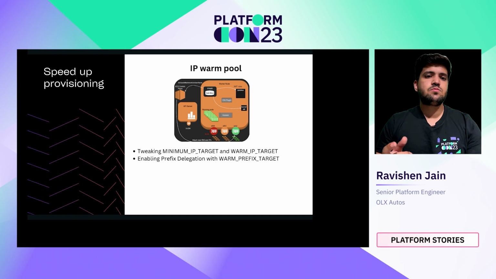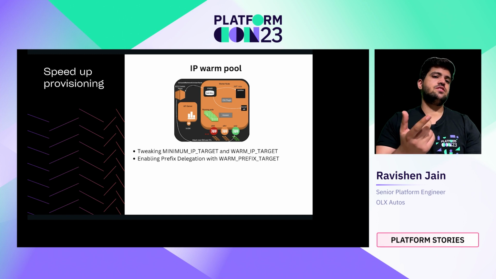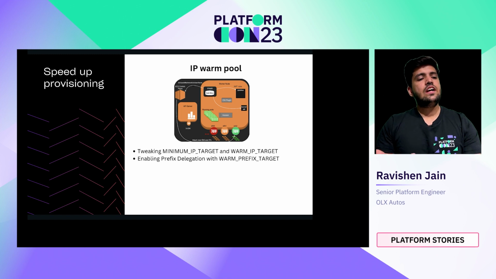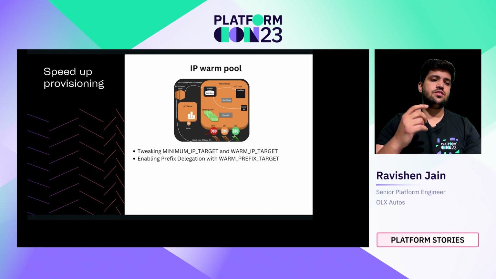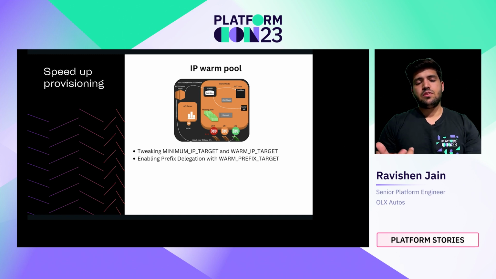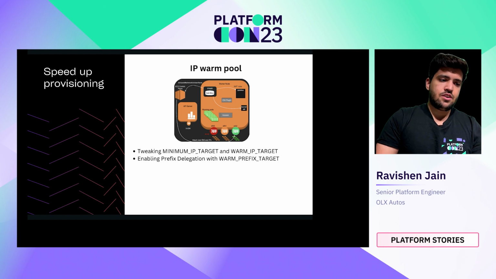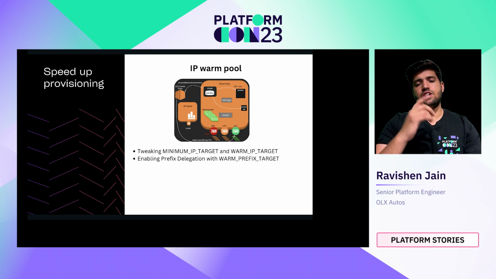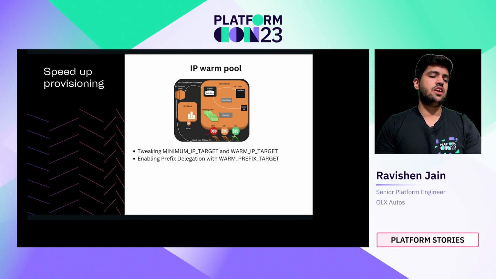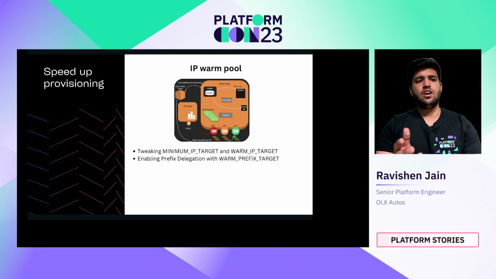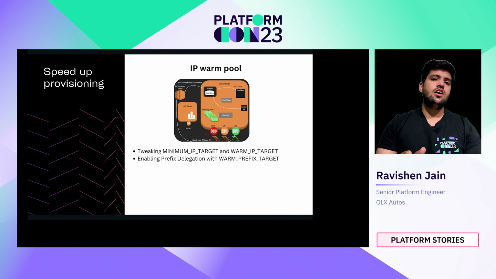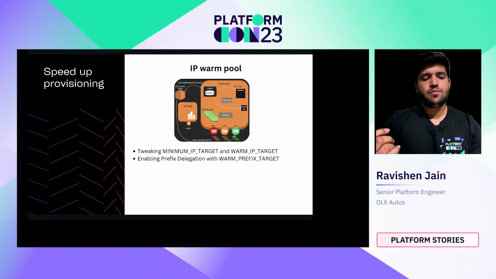So every time a node is provisioned, let's say if our pod density is 20, then we'll always have 20 IP addresses in buffer, right? And warm IP target, we kept at one because we wanted to conserve the IPs there. So using this, every time a pod was getting provisioned on any of the nodes, it could easily fetch the IP from a local IP address manager, and it does not have to call your main EC2 API to fetch that address, right?